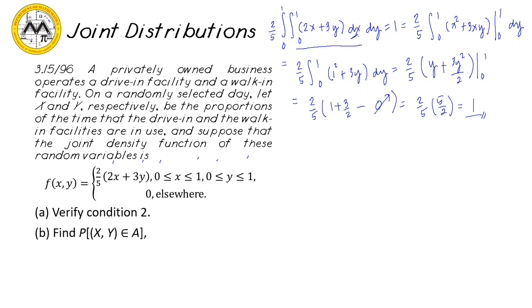Next question is the probability that (x, y) is an element of A, such that this one.